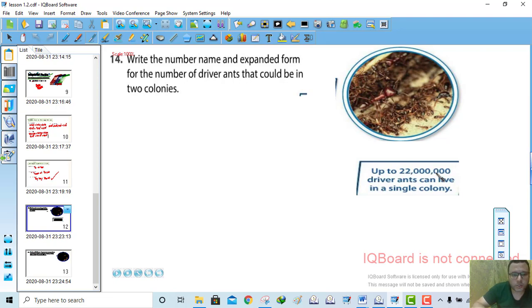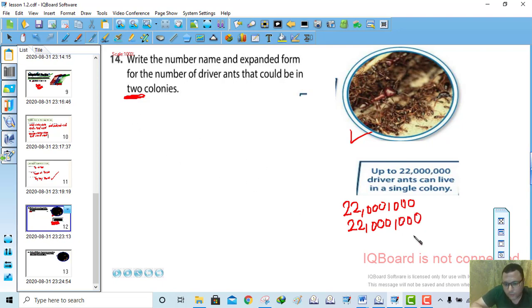Since he said two of them, we have two, each one has 22 million, so we have 22 million plus another 22 million, so it should have what? 44, yes, 44 million.